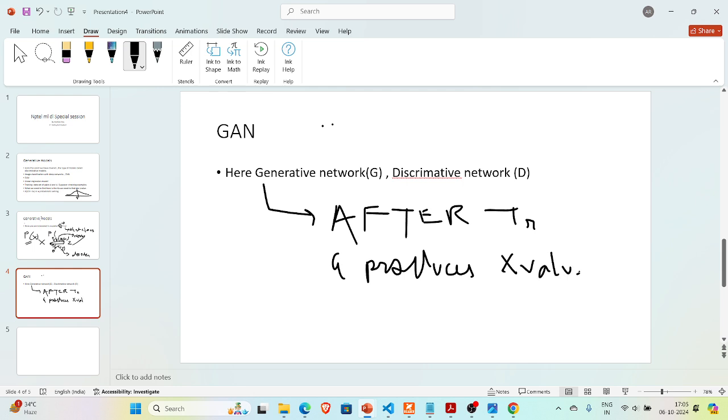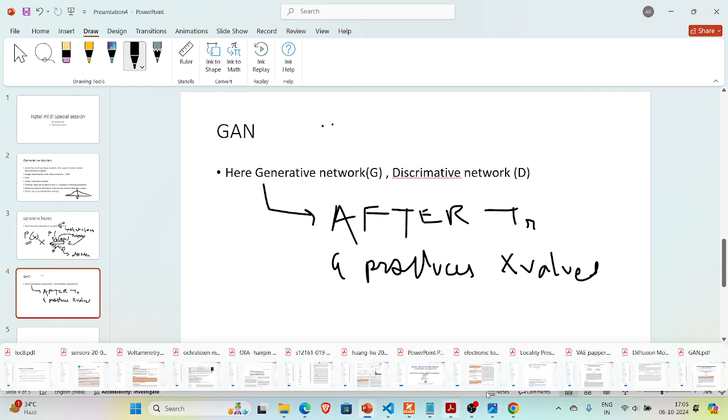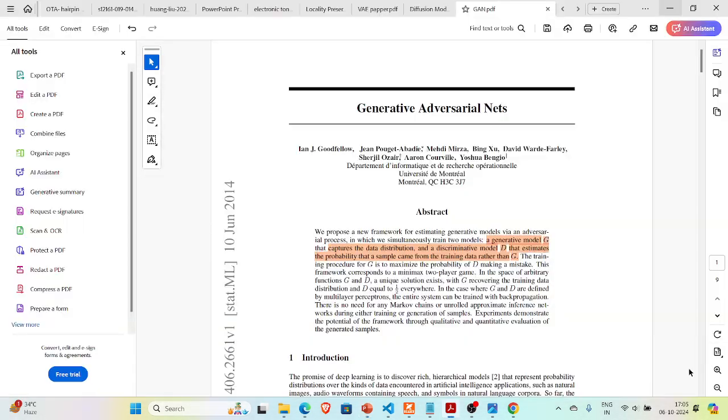At that time we remove the discriminative network. The discriminative network is only for training of the generative network. Both are inside this generative adversarial network, so let's understand more about it.